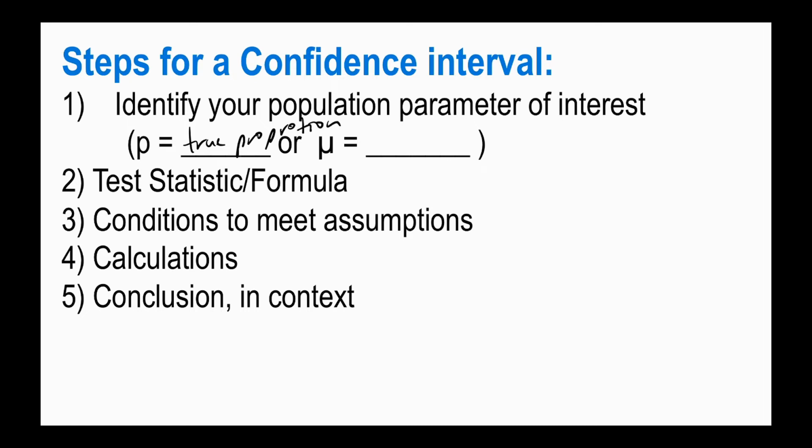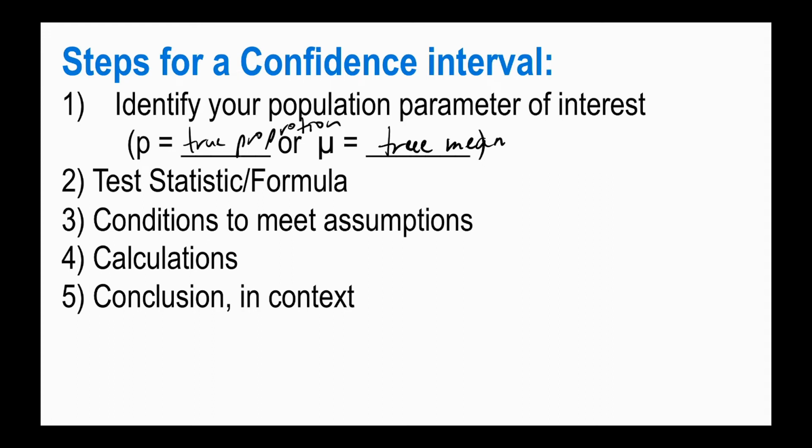If it's mu, it's the true mean, whatever they're talking about, right? Test statistic formula. I will give that to you. Well, I should say, it is given to you, but not specifically, on the test. And I'll talk about it when we start doing these.